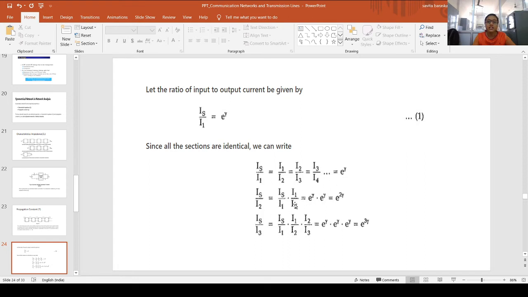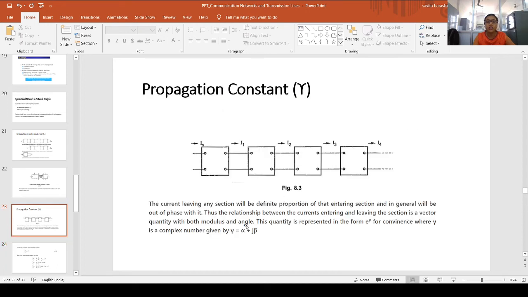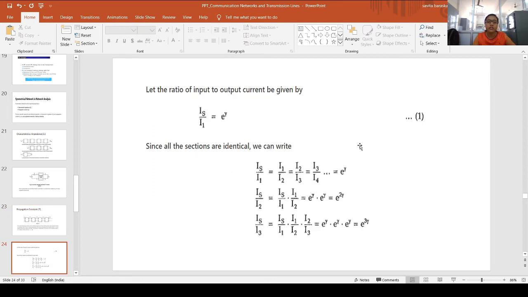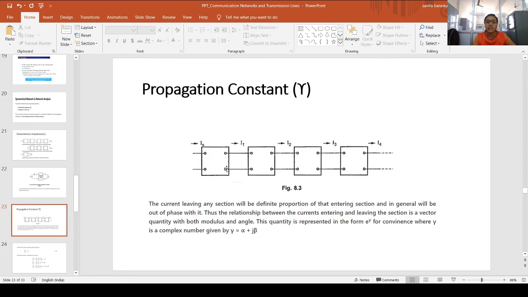Similarly, for all these, because all these two-port networks are connected in cascade, cascading means multiplication is involved in it. So the last current is I4 and the first current is Is.